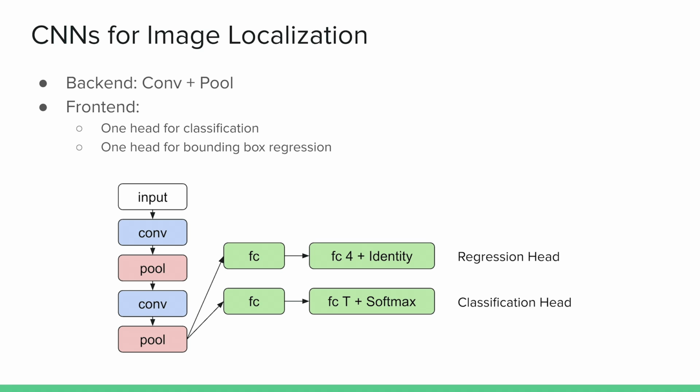Nothing prevents us from creating just two branches here. And that one would have 4 outputs and the identity function. And those 4 outputs could be, for example, the x, y position, width and height, which I think would be the most reasonable way to encode the position here. And that would be our network for image localization.